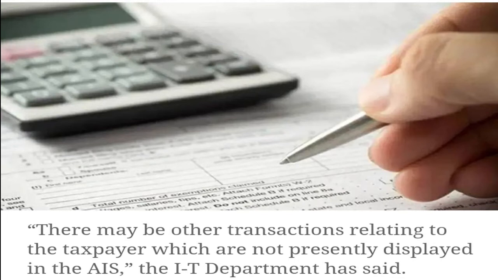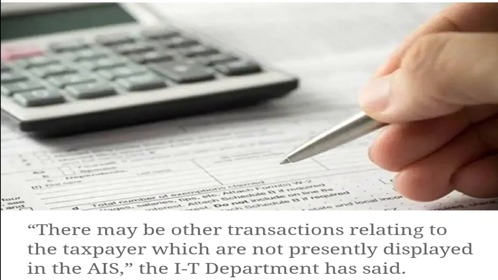The additional categories include foreign remittances made by any person through an authorized dealer, breakup of salary with deductions claimed by the employee, information in income tax returns of other taxpayers, interest on income tax refund, information published in SFT, along with off-market transactions reported by the depository, and registrar and transfer agent, and information about dividend and purchases of mutual funds reported by the RTA. What do taxpayers have to do now?